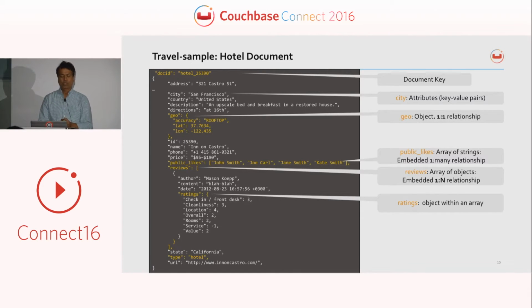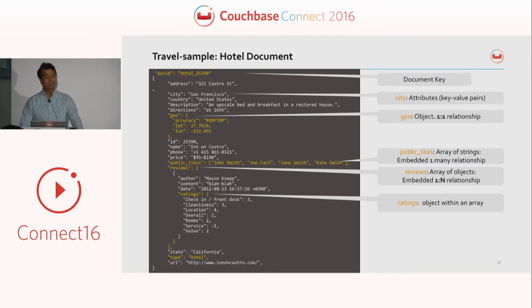So let's look at a sample document. I've taken a hotel document that represents many relationships within a single document. In this case, a hotel is in one city, so there's a one-to-one relationship there. So that is stored as a simple key value.